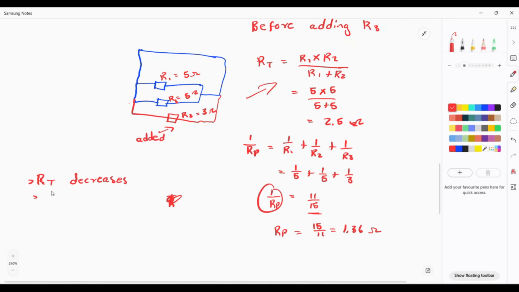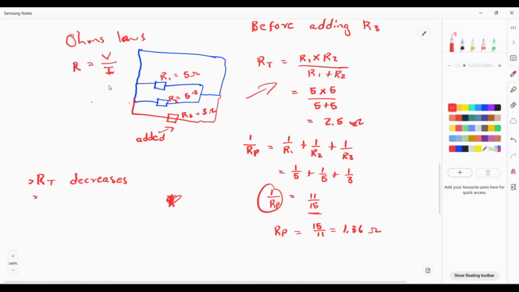Then the second thing, don't forget that in this topic, we have only one law, which is Ohm's law. Even though you don't know what Ohm's law says, at least please know what Ohm's law is in terms of the formula. You must know the formula of Ohm's law, which says R is equal to V over I. You must know this formula by heart.